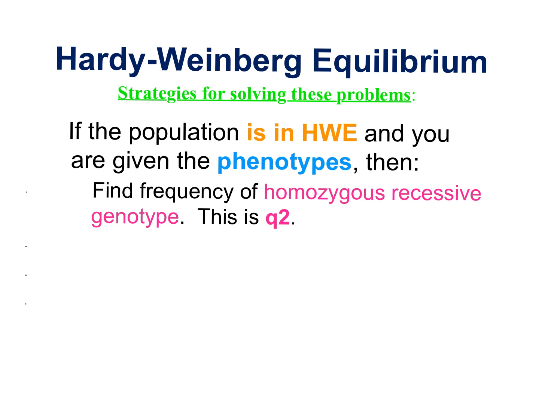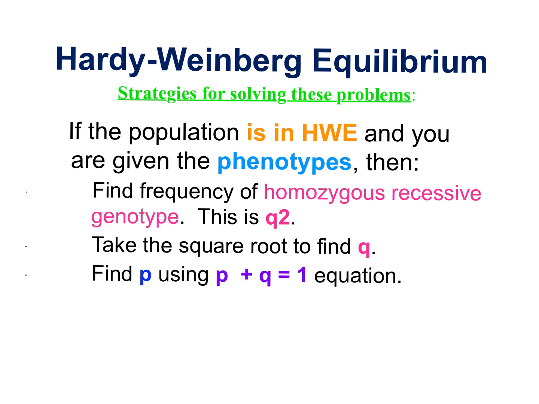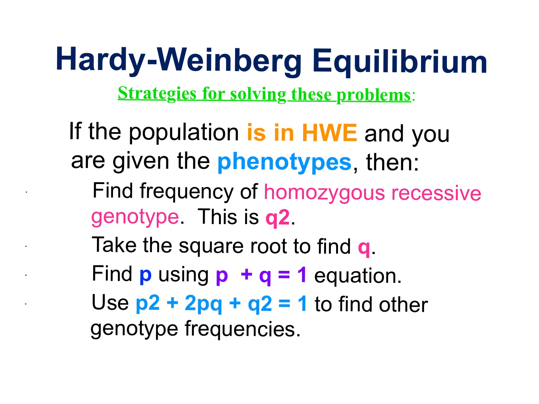So that's our q squared. From here, we can take the square root, and this is going to help us find q and then p. So we can use this initial equation and find what our p is. Then we can plug that into our more complex equation to find the other genotype frequencies.